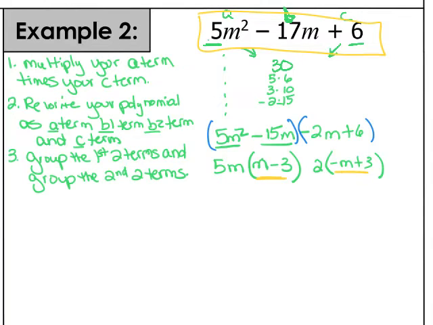Well, I'm going to factor out not just a 2, but a negative 2. And then that means when I divide negative 2m by negative 2, it leaves me with just m. And when I divide positive 6 by negative 2, it leaves me with minus 3. In which case, I now have two matching binomials. Okay?